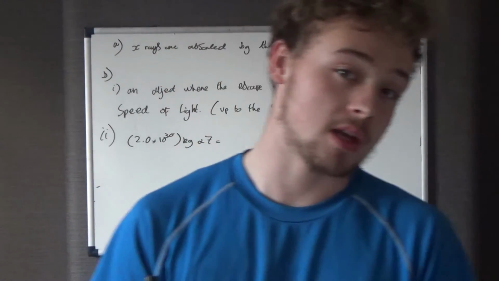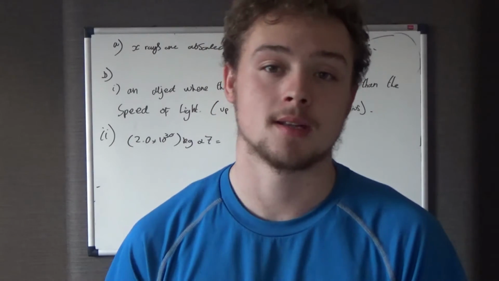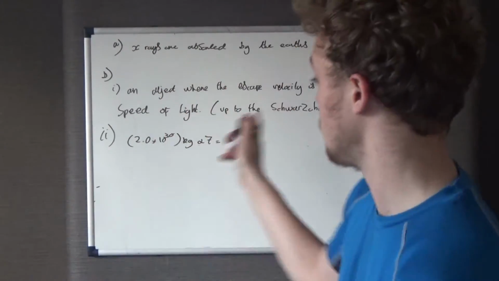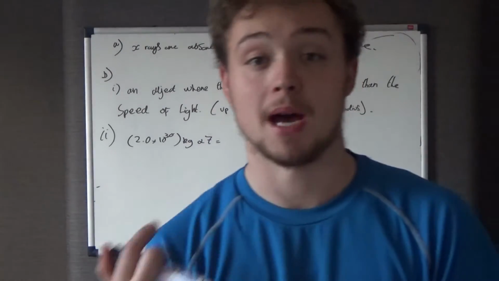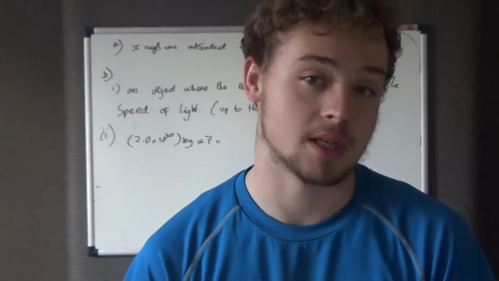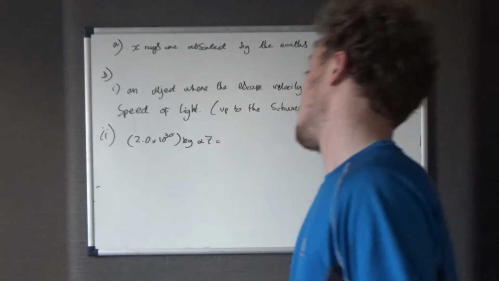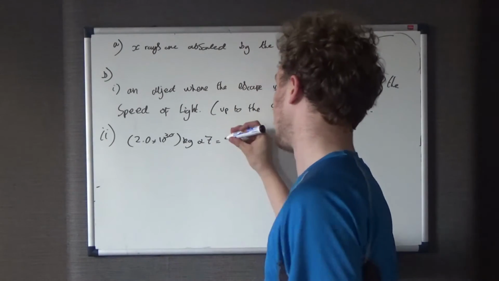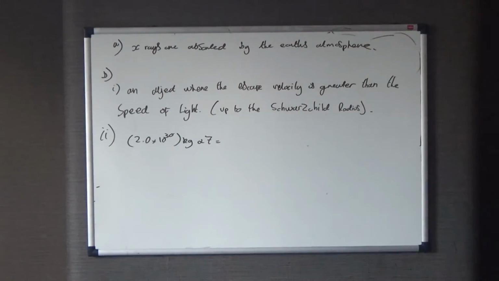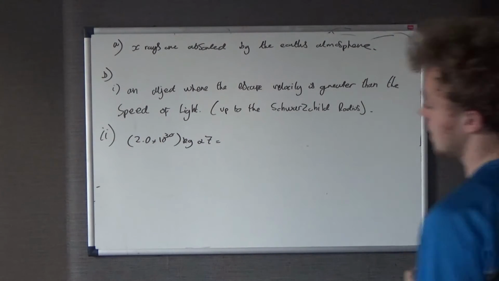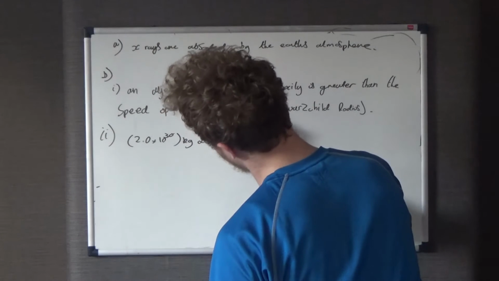So if the question said the mass of the black hole is 7 solar mass, it would be exactly the same as saying the mass of the black hole is 7 times that of the Sun. So just be aware of that, and that would obviously be 14 times 10 to the 30, or you could just leave it as 7 times that. So that is the mass of the black hole.